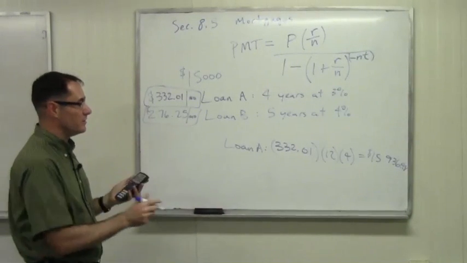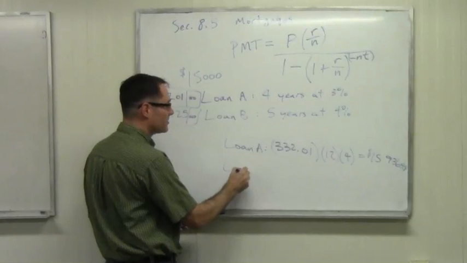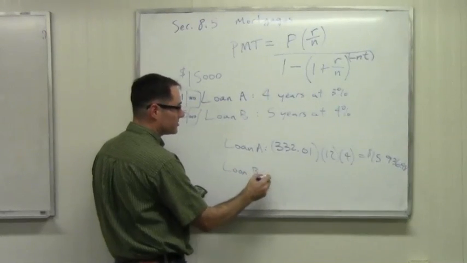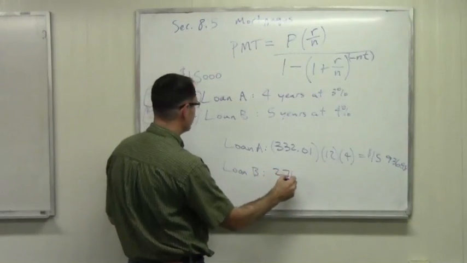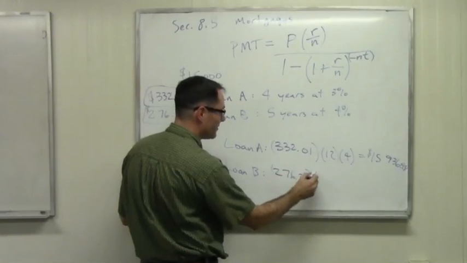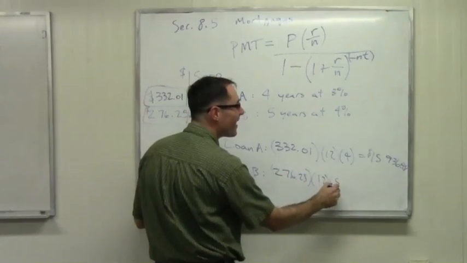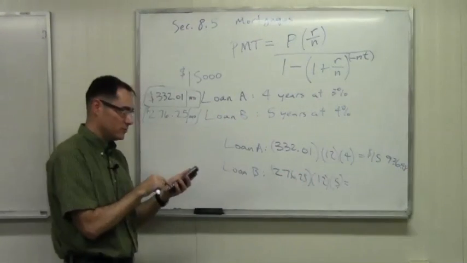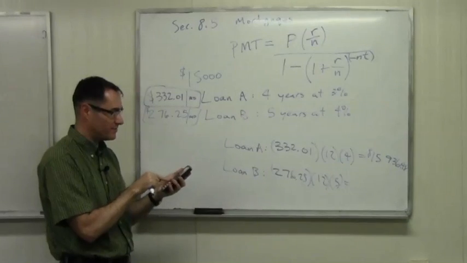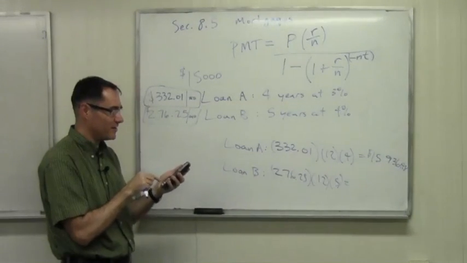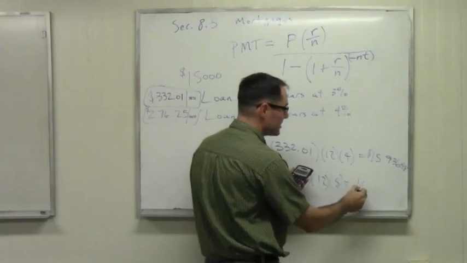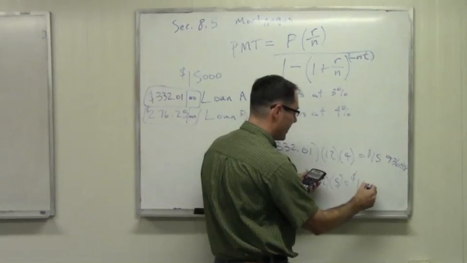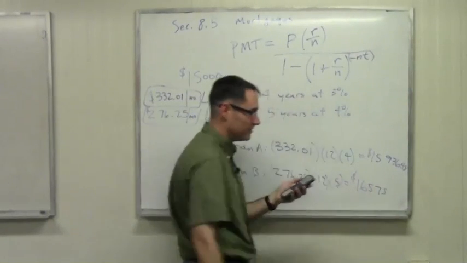The other loan, loan B. Let's see how much that one's worth. That one costs you $276.25 per month times 12 months times 5 years. 276.25 times 12 times 5 years is $16,575 even.